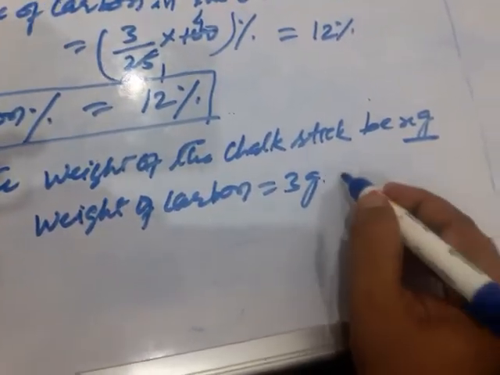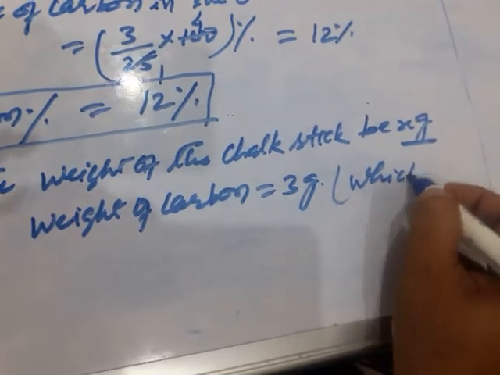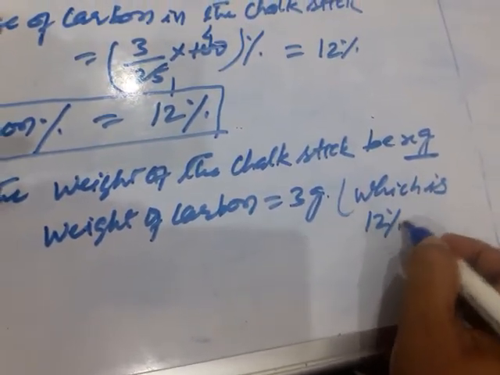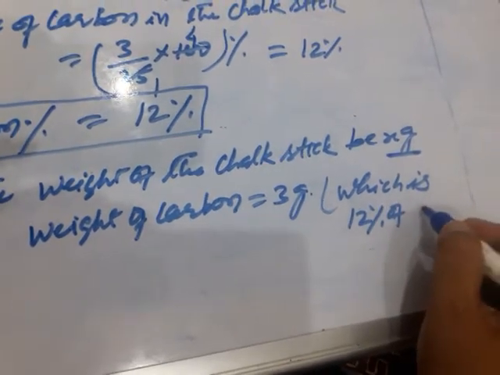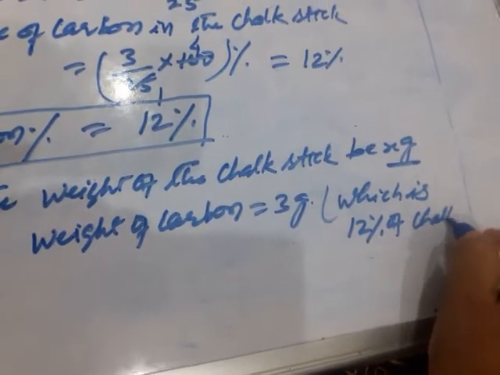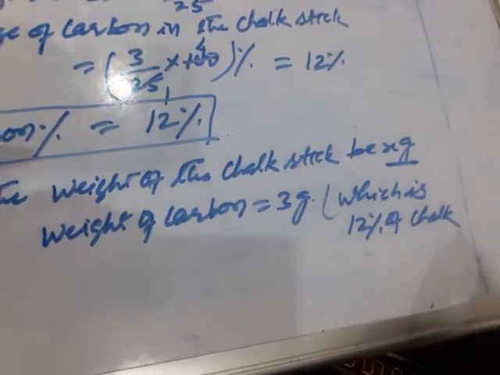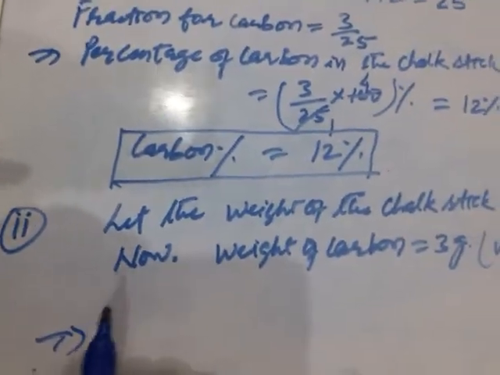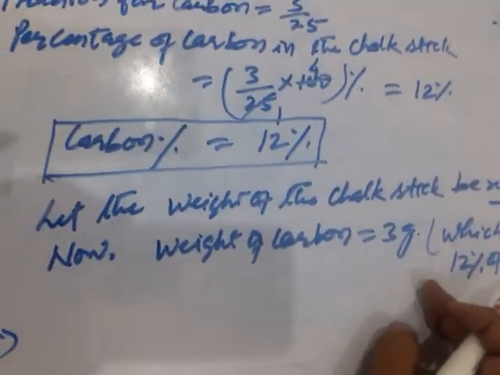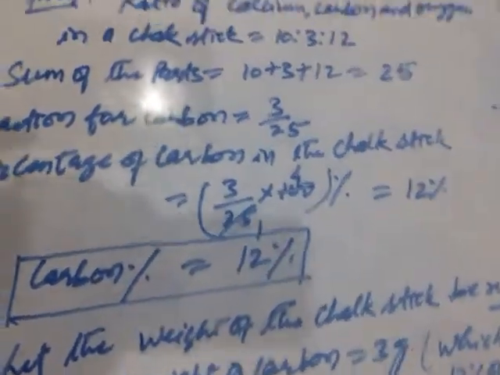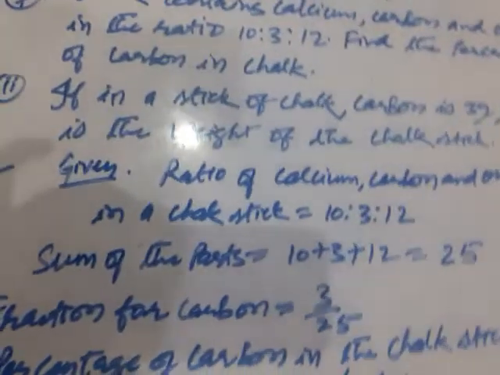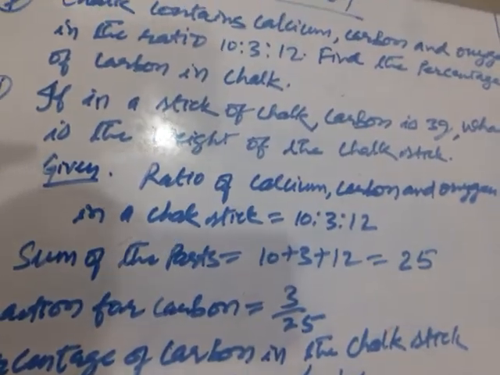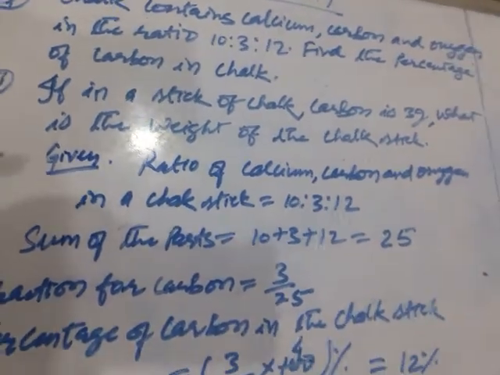This 3 gram is 12% of the chalk stick. That is, 12% of x equal to 3 gram, you have to write down. Okay, children, did you all understand? Let us see the question once again. If in a stick of chalk carbon is 3 gram, what is the weight of the chalk stick?